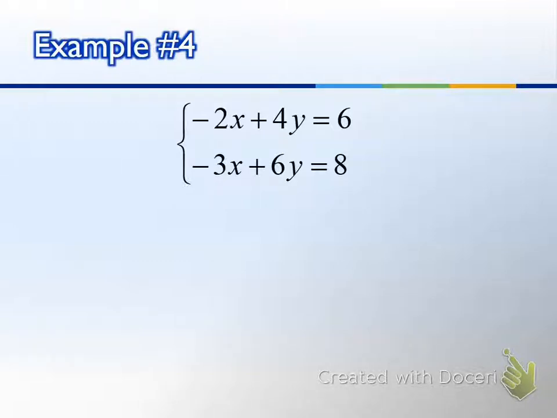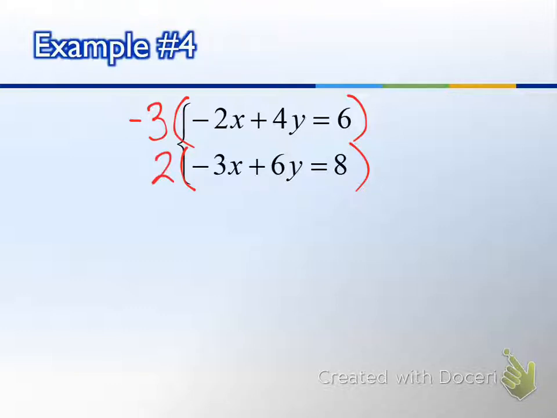Jacob. X. Okay. We want to eliminate x, so we need the coefficients to be opposites of each other. In order to do that, we are going to multiply both equations by some numbers. They are not going to be the same number. Charles, what would you like to multiply the top equation by? -3 works for me. If we multiply the top equation by -3, what should we multiply the bottom equation by?